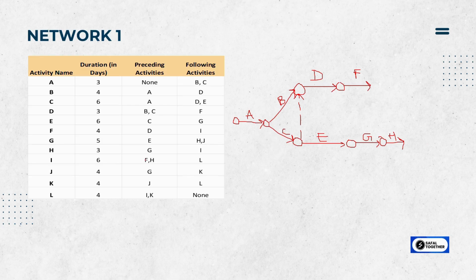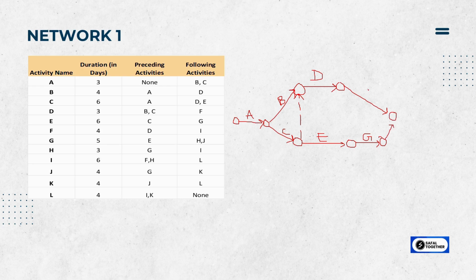From F and from H, we have I. So both of these activities are combining at one point over here, right? So ideally what we should have done in this is your F and H would converge to one particular event.